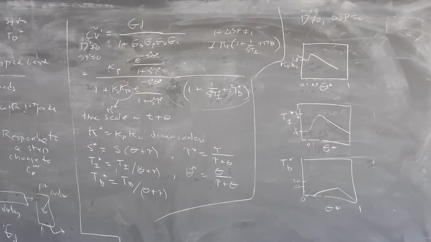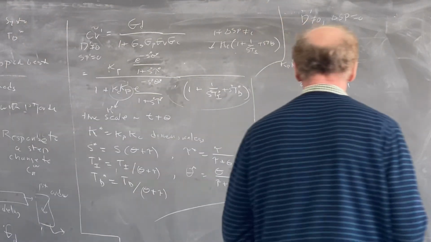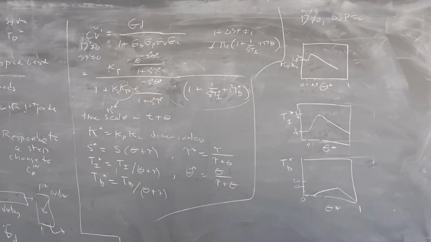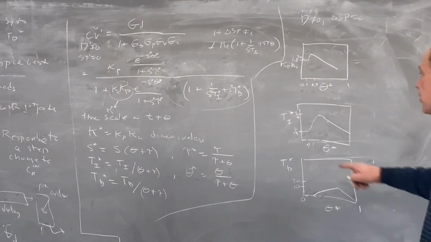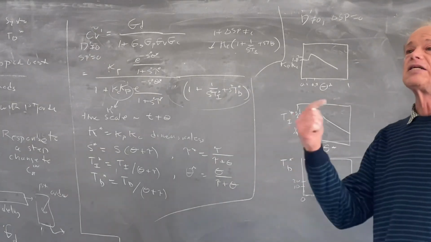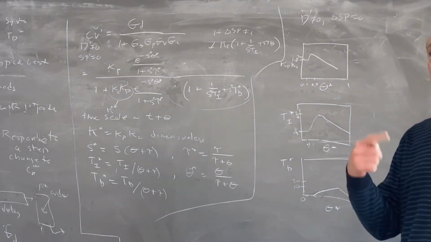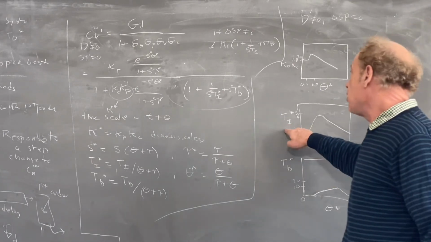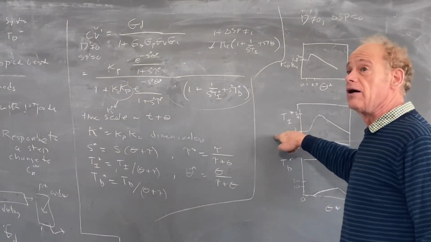So if you remember, TI, let me really re-explain TI. Remember, when TI is small, things are aggressive, not when TI is big. But TI isn't alone, it's KC over TI.